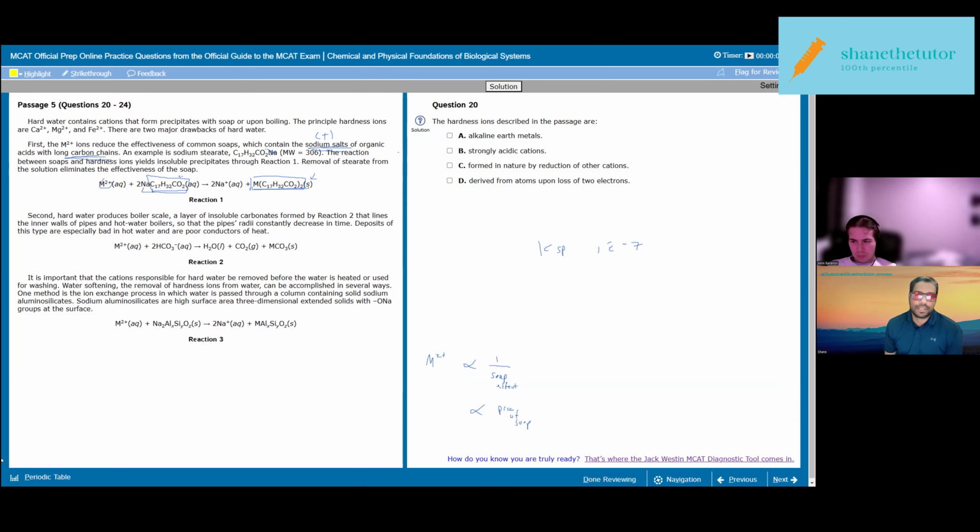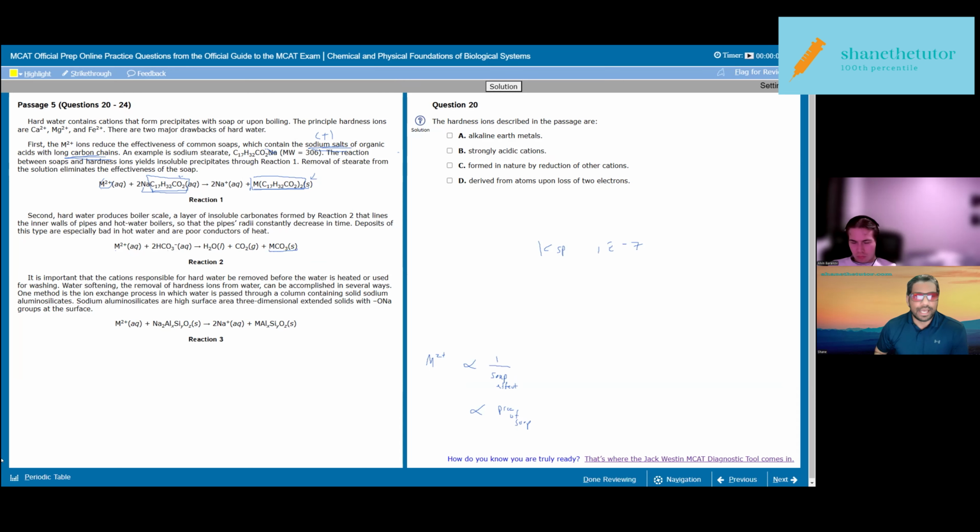Okay, reaction two. So we have our 2 plus cation for our hardness. We're adding bicarbonate and we end up with this solid here.